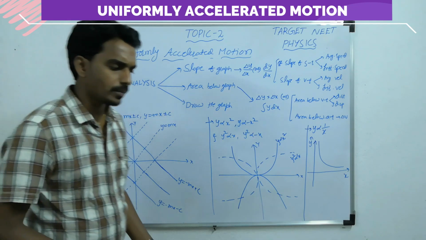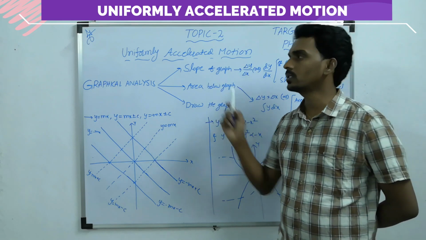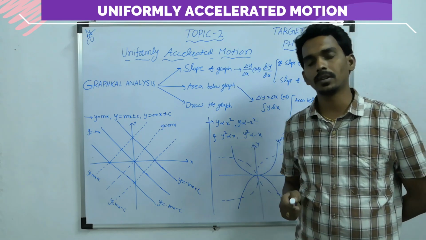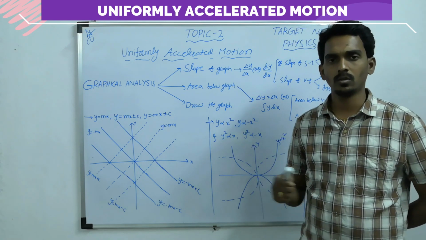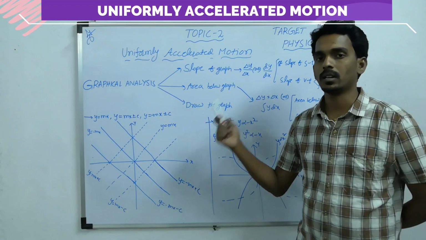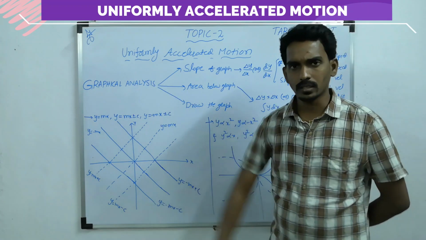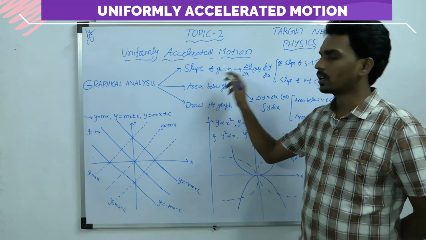Now what are the types of questions usually we get in the entrance based on this graphical analysis? Not only in this chapter, you will get graph-based questions in many of the other chapters also. Those also, if they are important, we will discuss. Now here, graphical analysis means the first kind of question is based on slope.